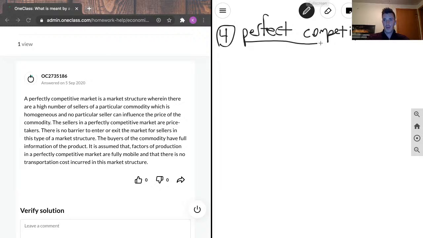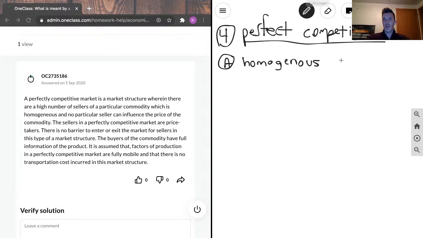There are 6 main characteristics I like to highlight for a perfectly competitive market. First is that we have homogeneous goods, and this is probably the most important part. This means that every firm in the market is selling the exact same good.